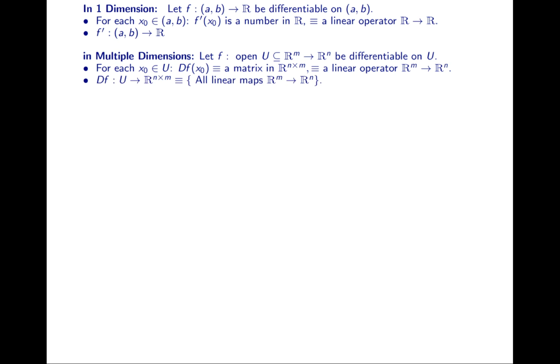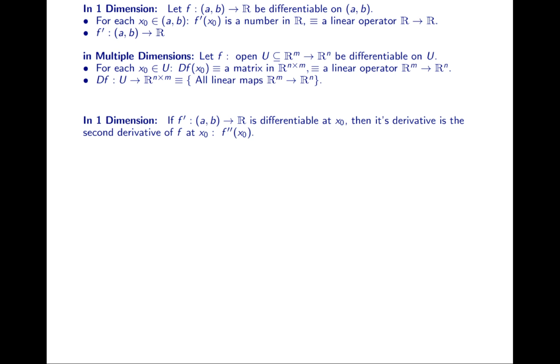And if I'm differentiable on all of U, then for each x in U, I have a different linear map. So df maps every vector in U to a linear mapping from R^m to R^n. Now remember, the set of all linear maps from R^m to R^n is equivalent to all n by m size matrices. So I can think of df as a function that maps U to n by m matrices.